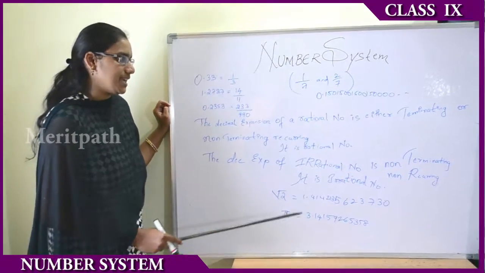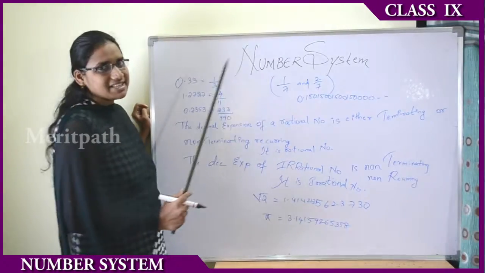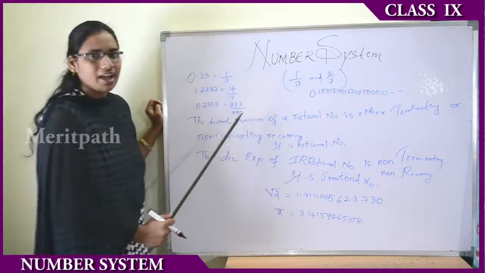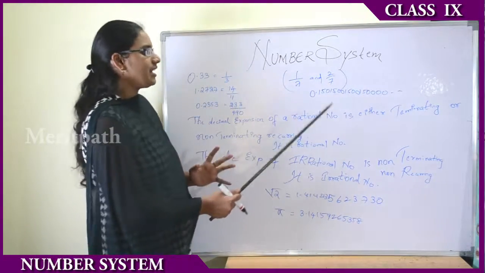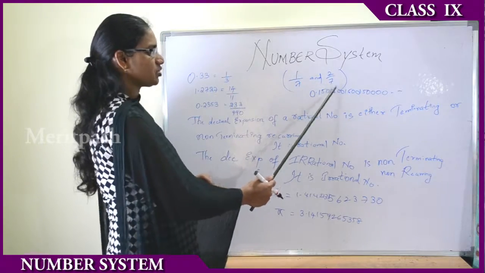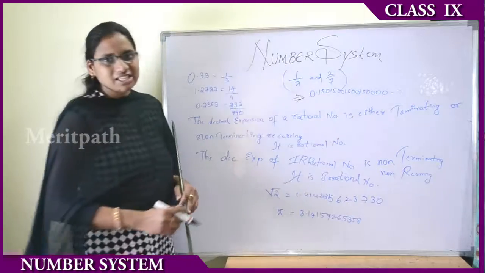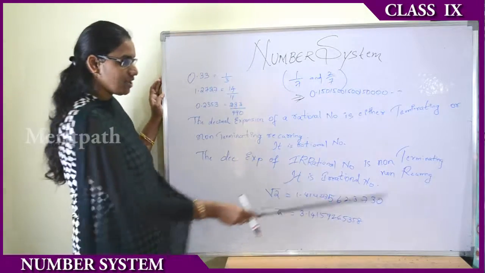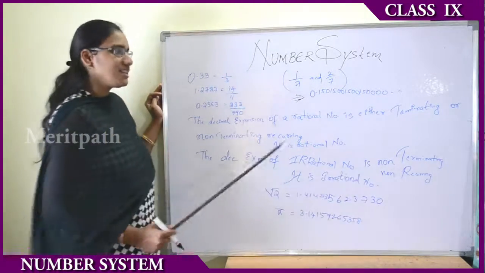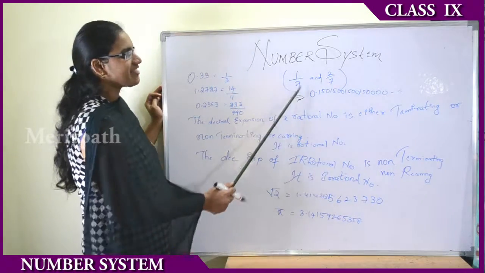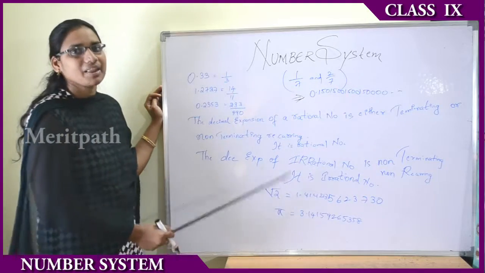Now let us find some irrational numbers between 1/7 and 2/7. We have to find any one irrational number between 1/7 and 2/7. We know the property of an irrational number, that it is non-terminating and non-recurring. So there are a number of numbers between 1/7 and 2/7 which are irrational.